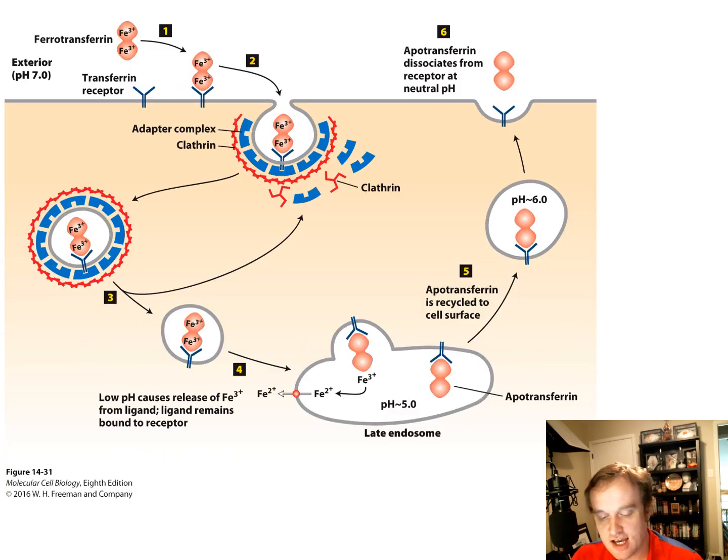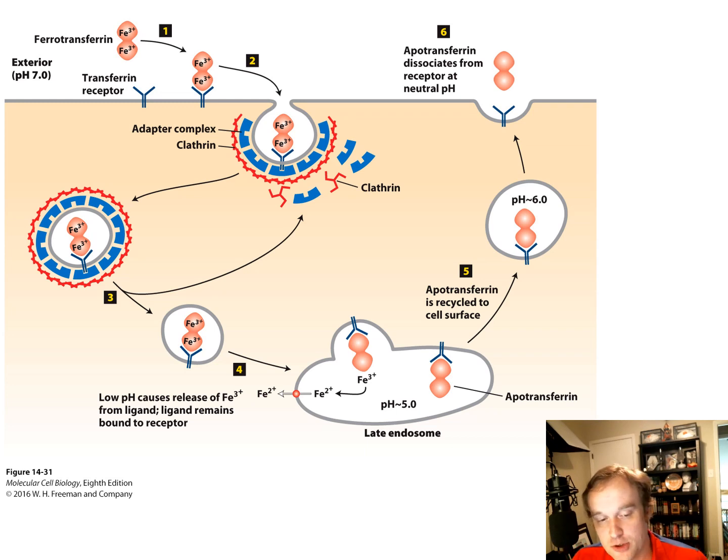Okay, so let's look at how cells uptake iron. And I'm sure there'll be some similar mechanisms here compared to the rest of our uptake and transfer pathways. So we're going to look at transferrin.